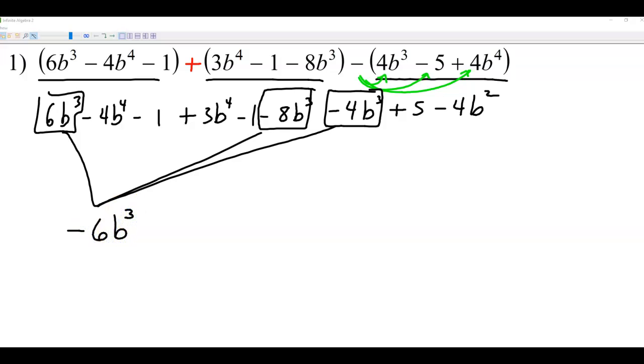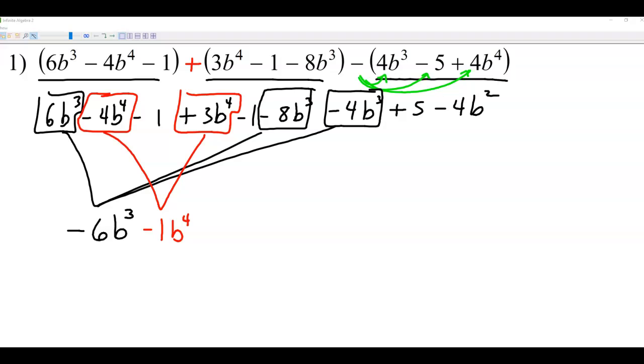All right. So next, we just keep going down the list here. We've got the negative 4b to the fourth. I see a few other b to the fourths. There's one. Yep, just two. So we'll put those together. Negative 4 and 3 makes negative 1. So that would be b to the fourth. Once again, all we're doing is combining the coefficients, not the exponents. Oh, I miswrote that one.